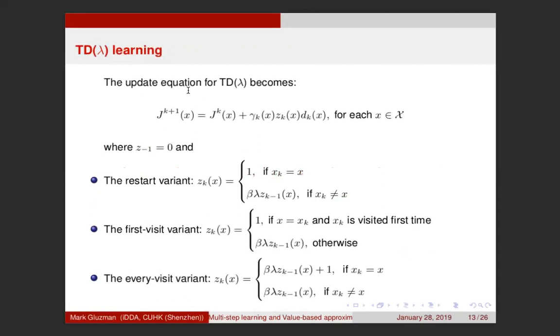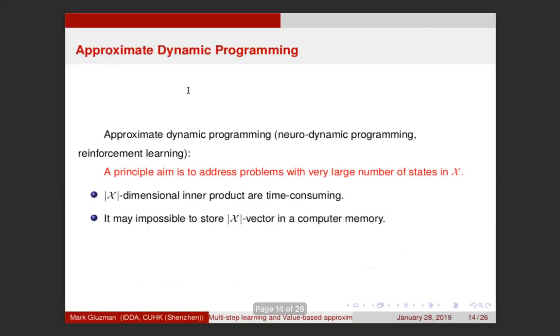So this was the first part of my talk, where we considered multi-step learning. In the second part, I want to move to approximate dynamic programming. As I mentioned before, there is a problem when the state space is very large.